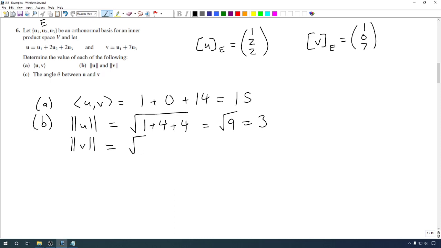Same thing for v. We have 1 plus 0 plus 49, so we have the square root of 50. I'm going to go ahead and simplify this because we're going to need it for the next step. We can pull a 25 out of that, and 25 is 5 squared. What we're left with inside there is a 2. So we have 5 square root 2.